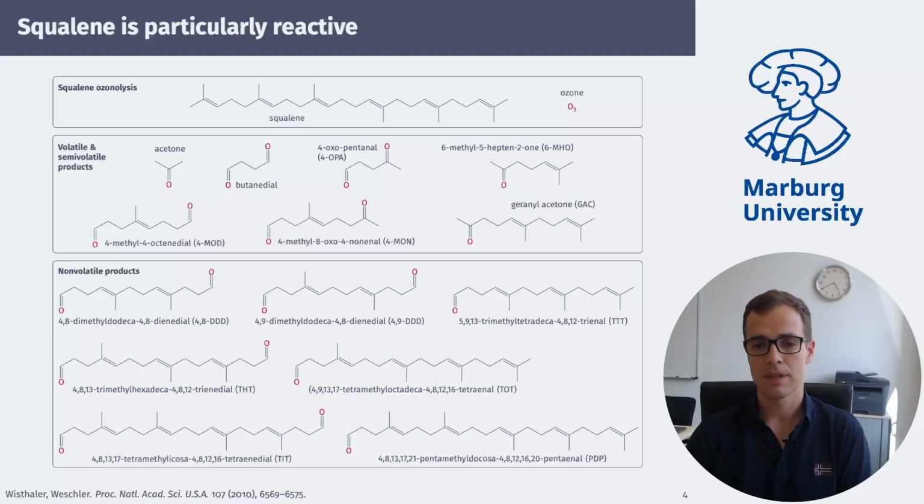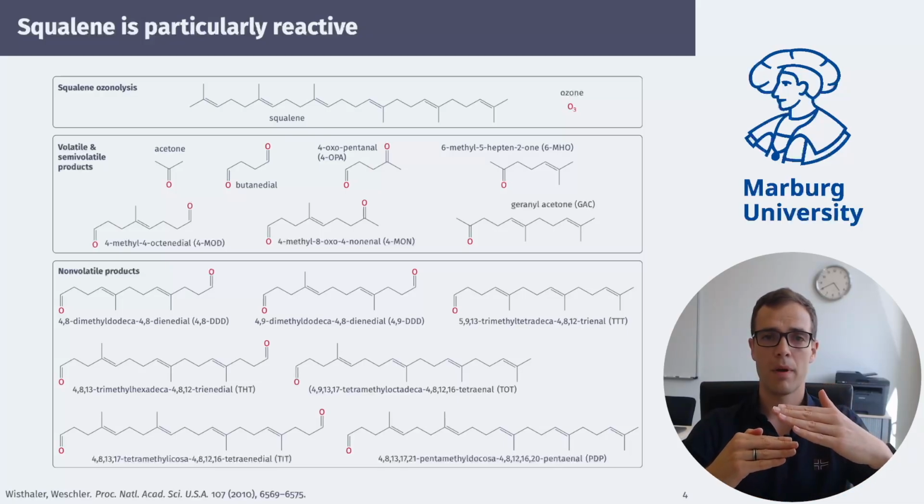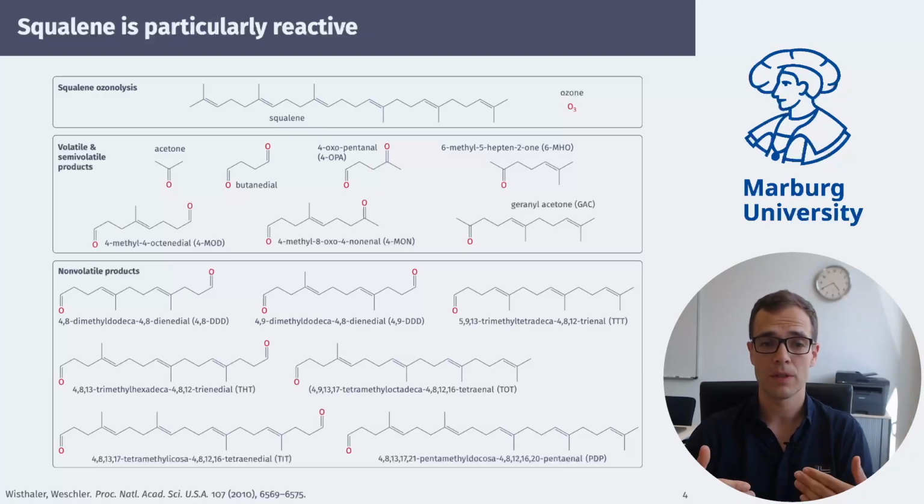And of course, if you have competing pathways, one pathway going to indoor air and the other one potentially going through your skin into your bloodstream, then obviously it's very important to describe both pathways accurately in modeling approaches.